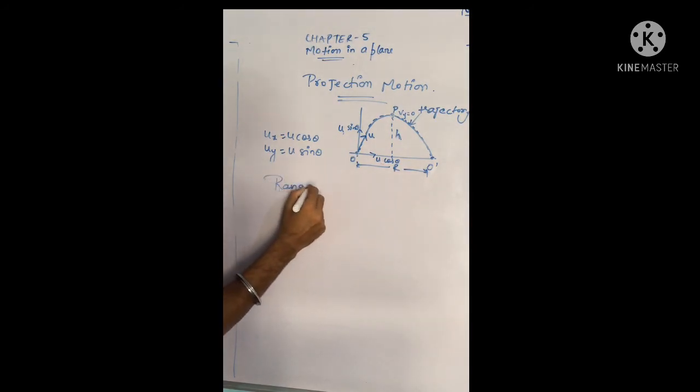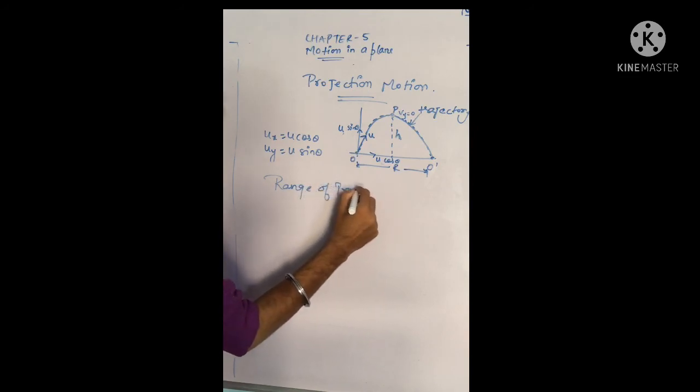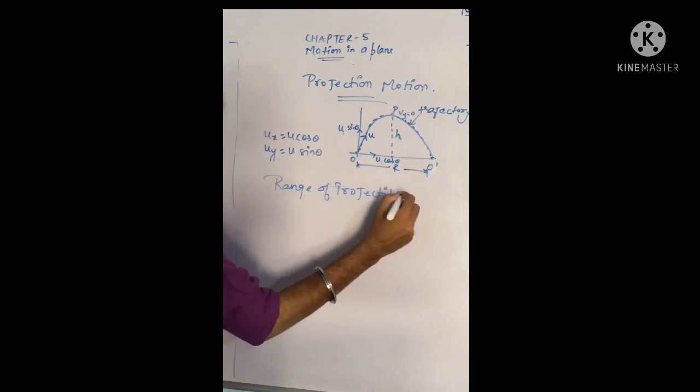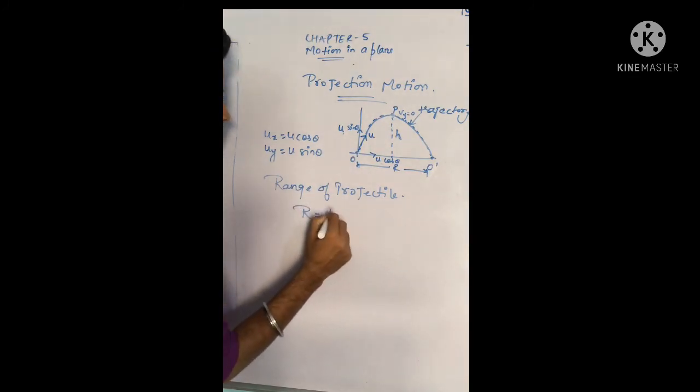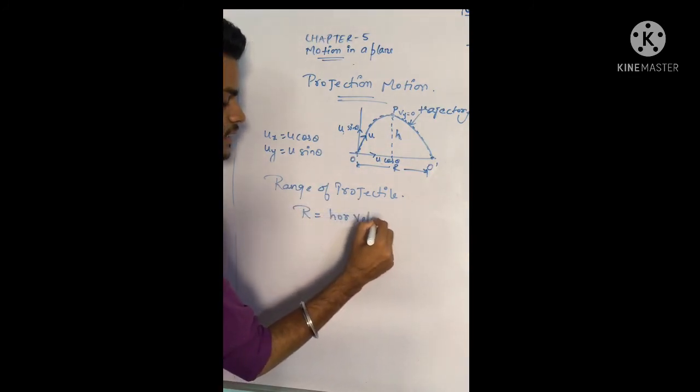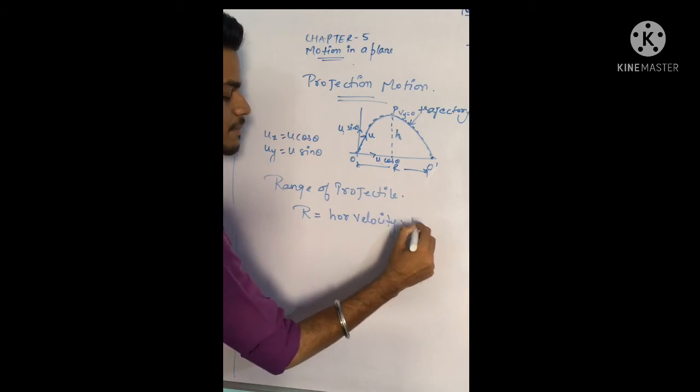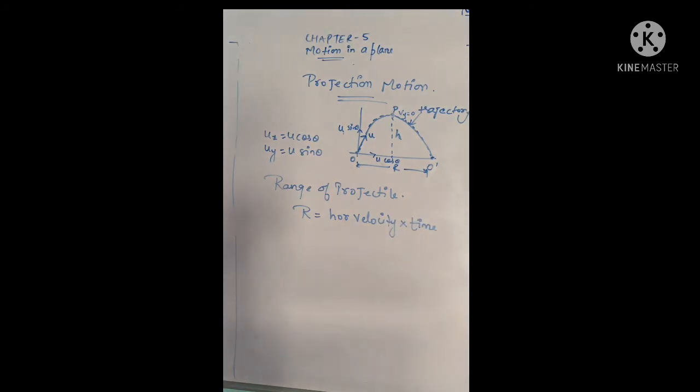Now first of all we will write here the range of projectile. How to find this range of projectile? We have the formula to find this distance as R is equal to horizontal velocity into time taken.